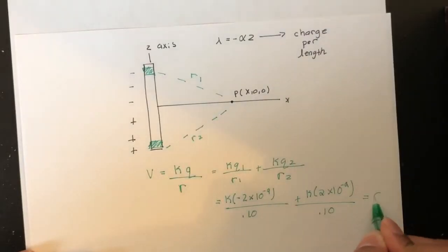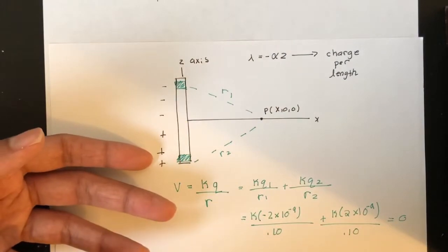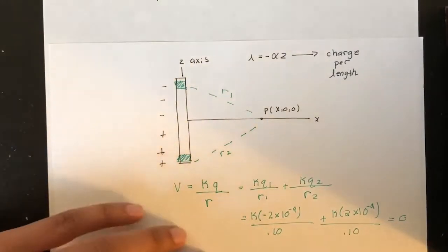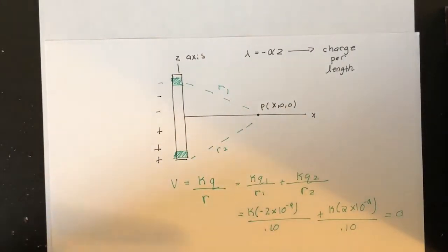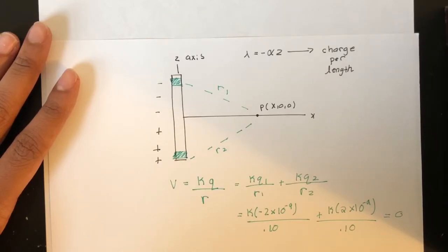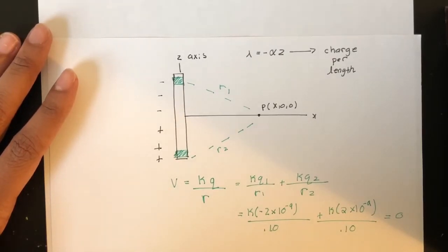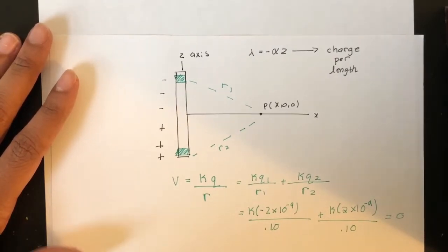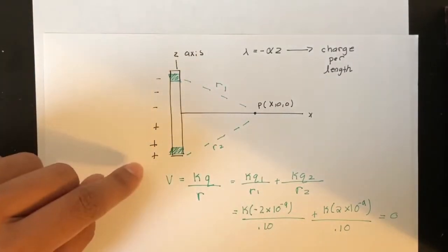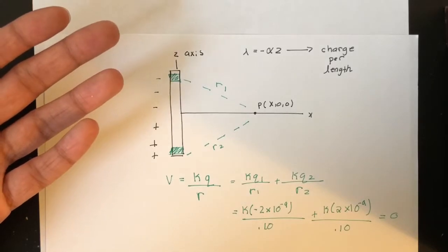This would just equal 0. So because of the symmetry of this problem, our potential adds up to 0. And if this problem defined lambda as 1, then it would just be positive charges instead, and there would be a potential. It wouldn't be 0.